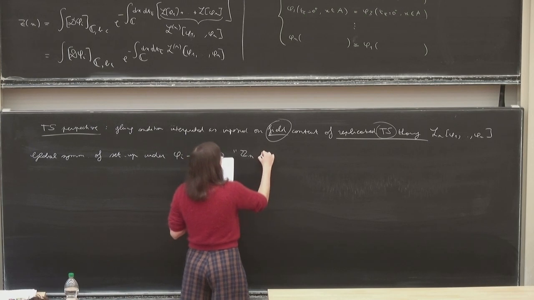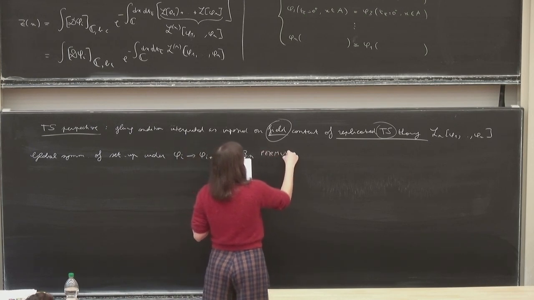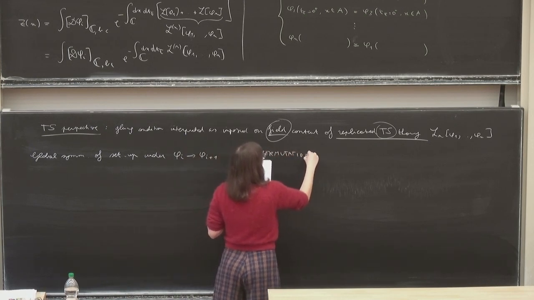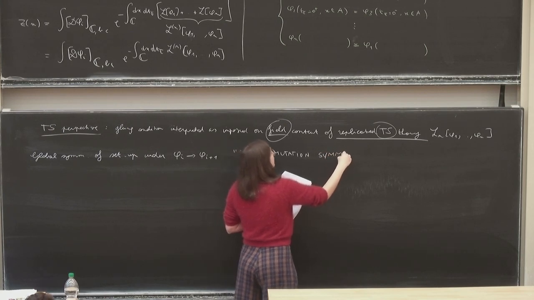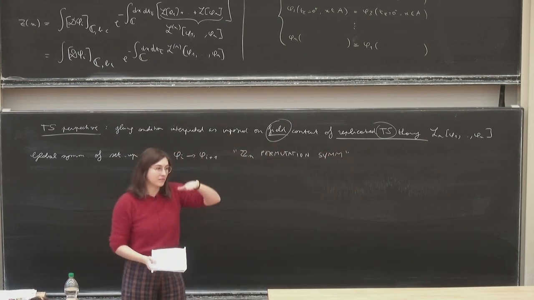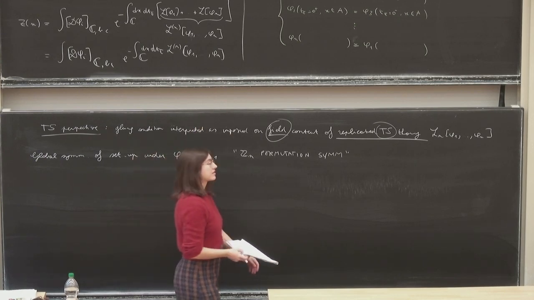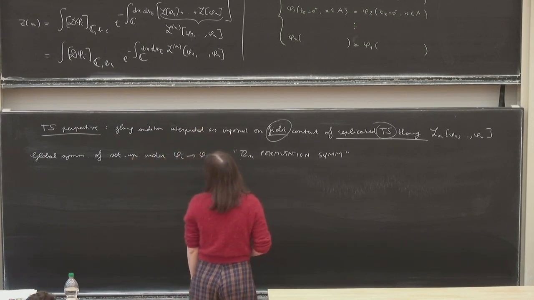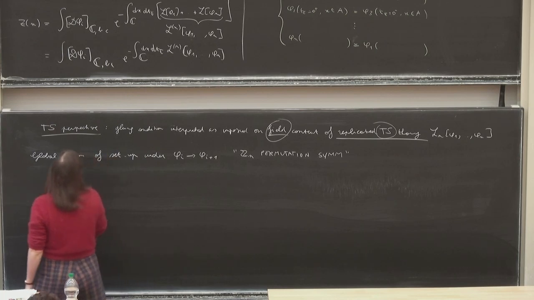So this is a Z_n permutation symmetry of your setup, which previously was visible at the level of the geometry, that you could go from one sheet to the next and have a permutation symmetry there.